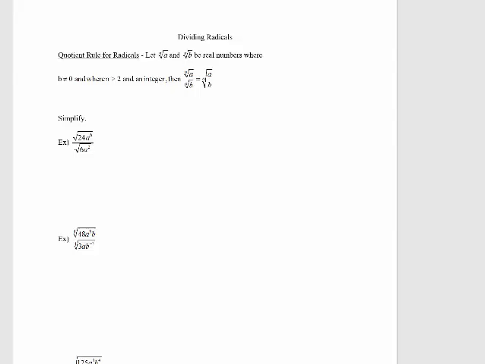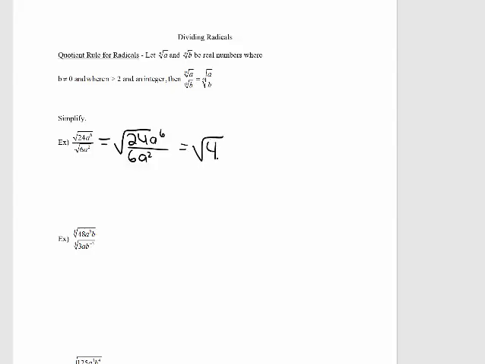Now, notice 6 divides into 24 evenly, and a squared divides evenly into a to the 6th. So this is a really good example of using the quotient rule. Well, let's use that here. 24 divided by 6 is 4.